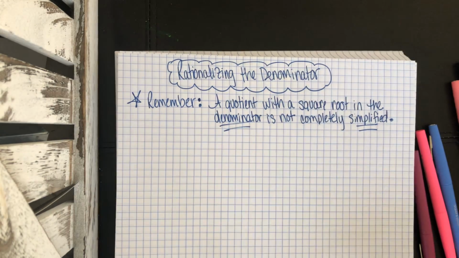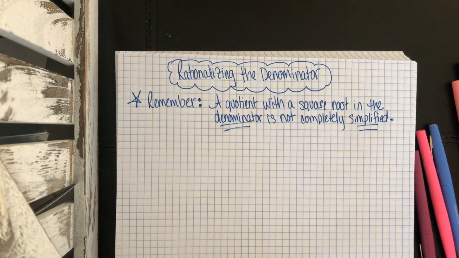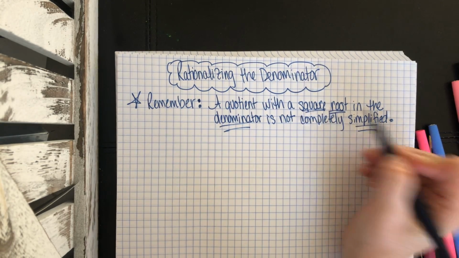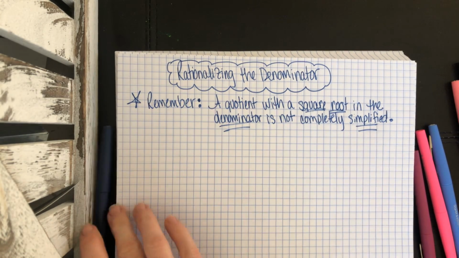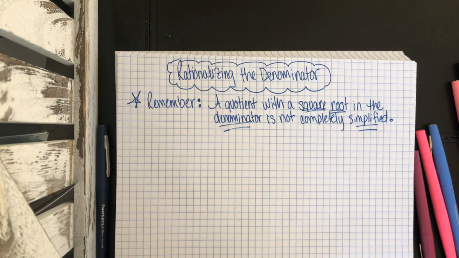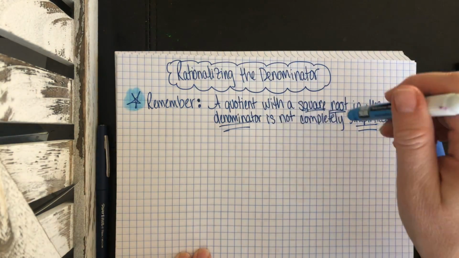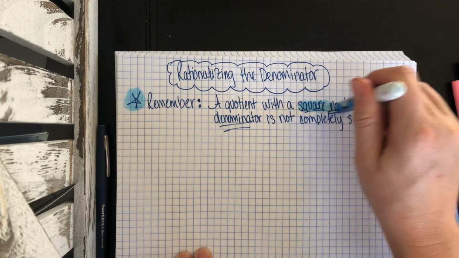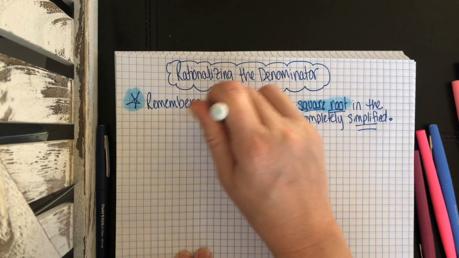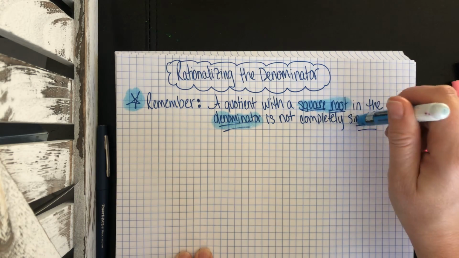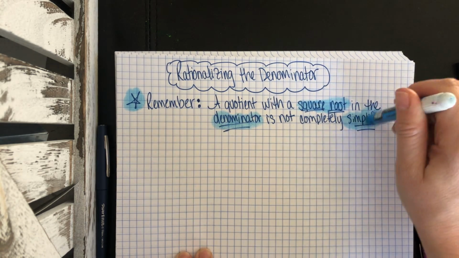So those are your keywords: denominator, square root, denominator, and simplified. So remember this. Square root in the denominator is not completely simplified.